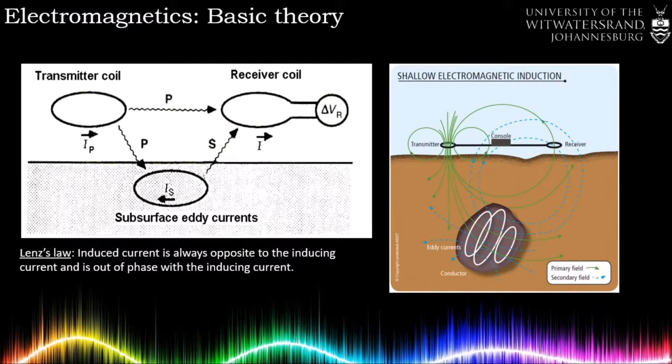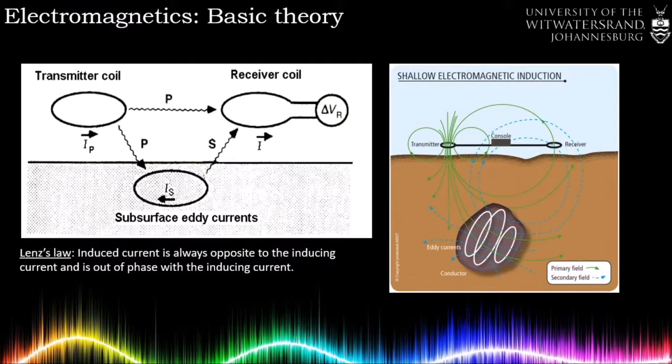And if there's any sort of conductor or conductive body, it'll obviously induce a secondary electrical field. And then as that moves, we have the secondary field, which is our secondary magnetic field, and that's what we measure at the receiver. The issue is this secondary field is very small compared to the actual primary field.